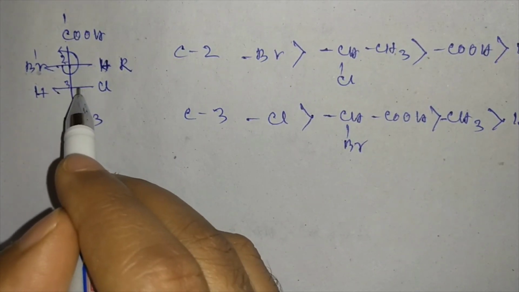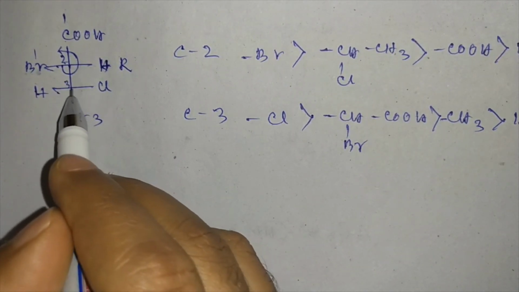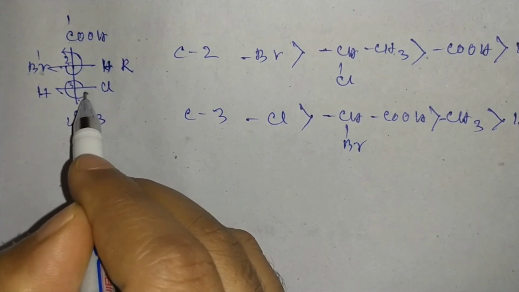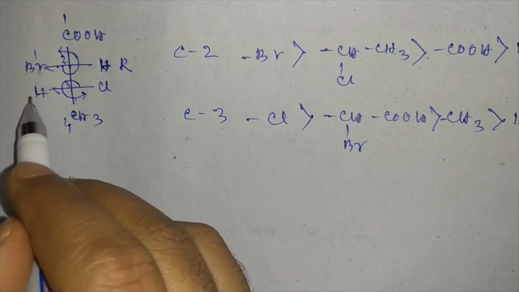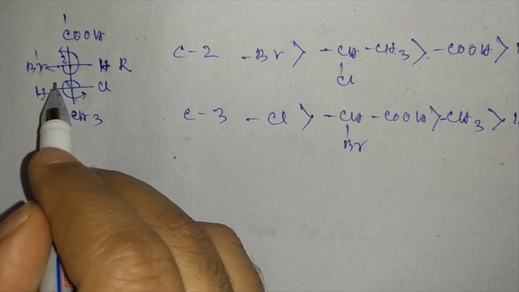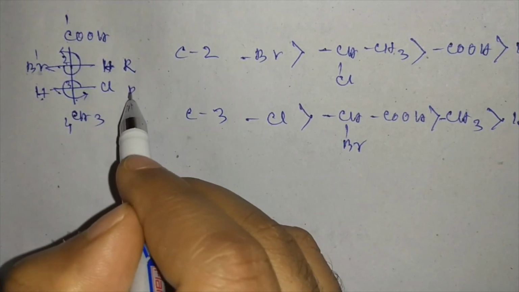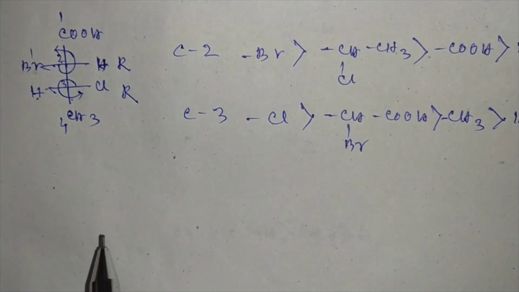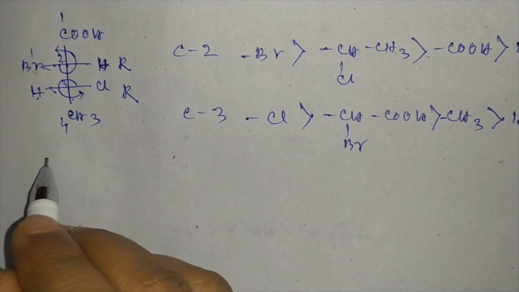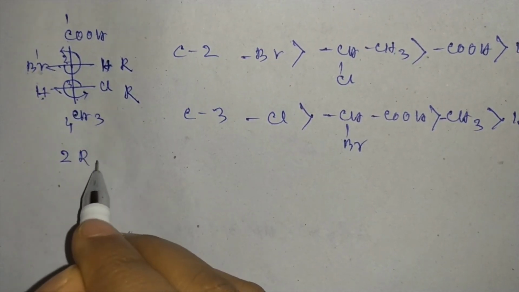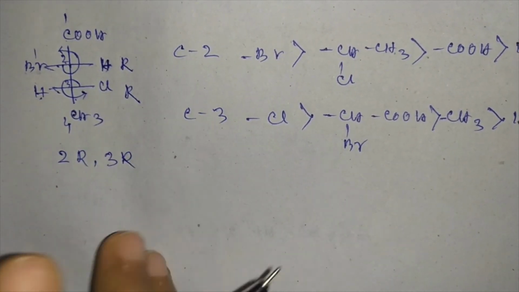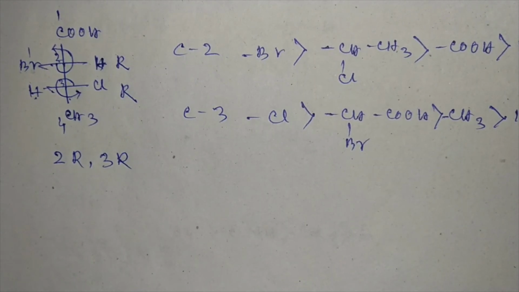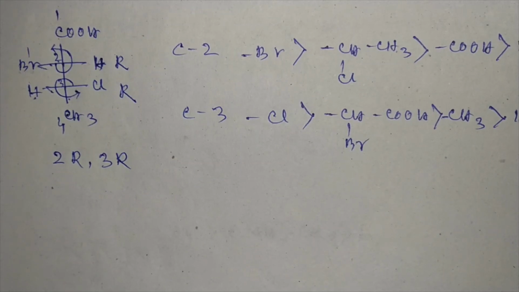So this is also anti-clockwise rotation, and the hydrogen is placed in horizontal position. For anti-clockwise it will be R. So 2R, 3R. In this way we can determine the configuration of stereogenic centers in a molecule.